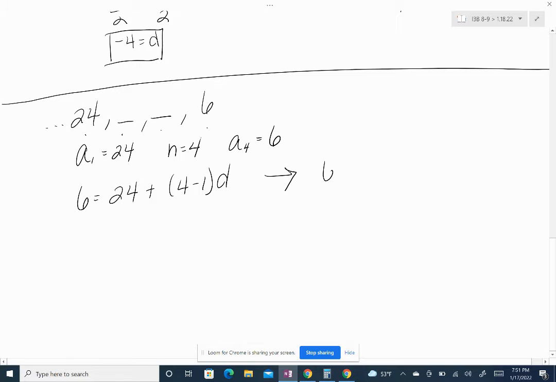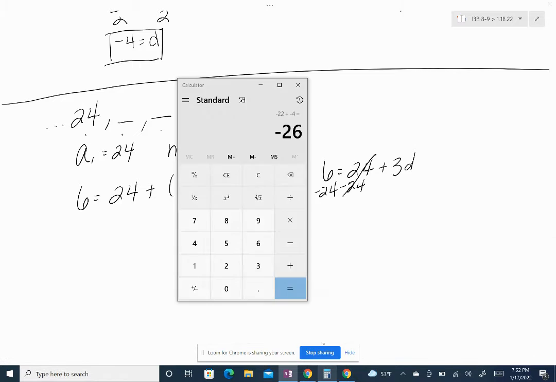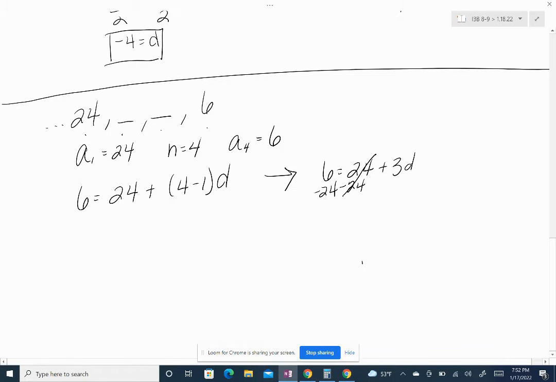Simplify that: 6 is equal to 24 plus 3d. Then we subtract 24 from both sides. 6 minus 24 gives me negative 18. Negative 18 is equal to 3d. Then divide both sides by 3. I get negative 6 is equal to d.